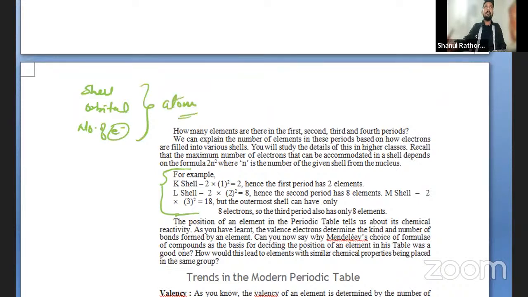So let us understand the specific concept. Okay, you will definitely understand it very clearly.